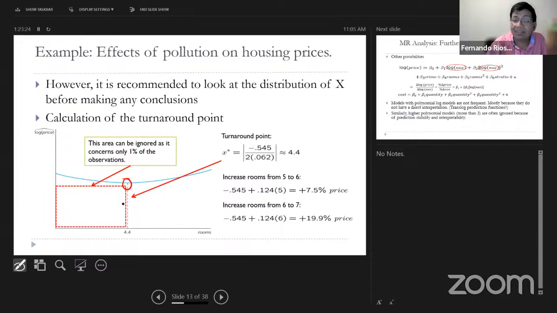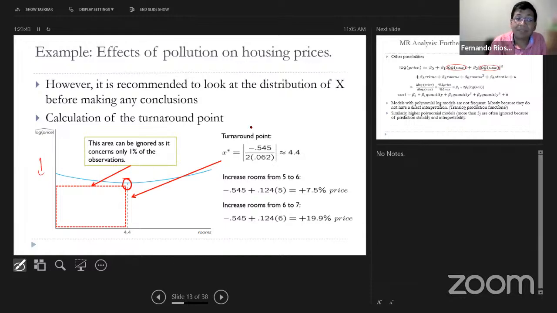So if the houses on average have less than 4 rooms, for those going from, let's say, a 1 room house to a 2 room house, you would expect that the price of the house will be falling.